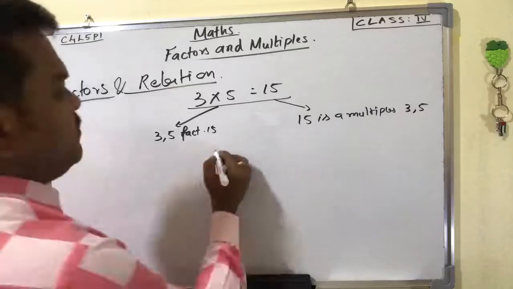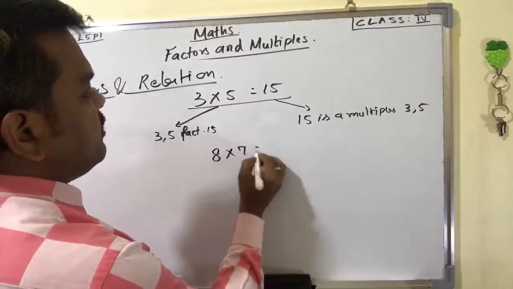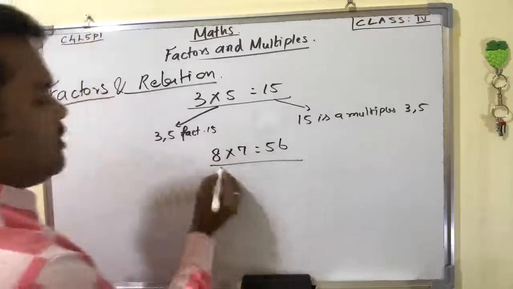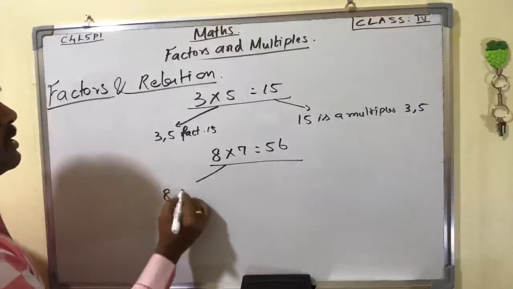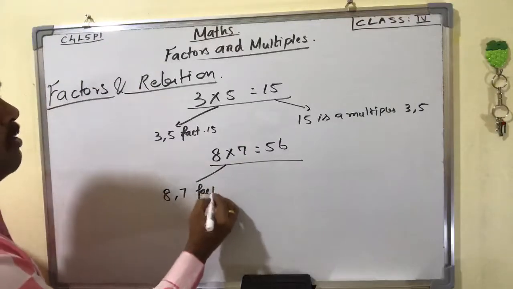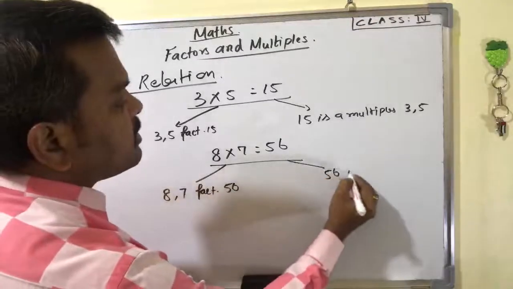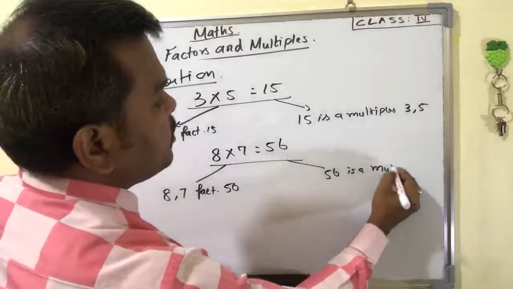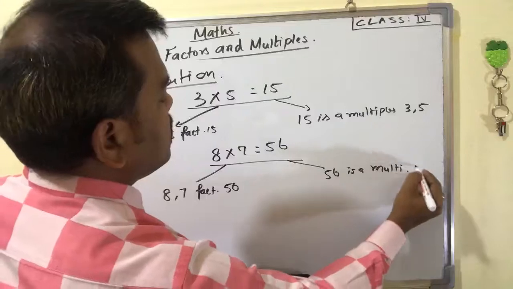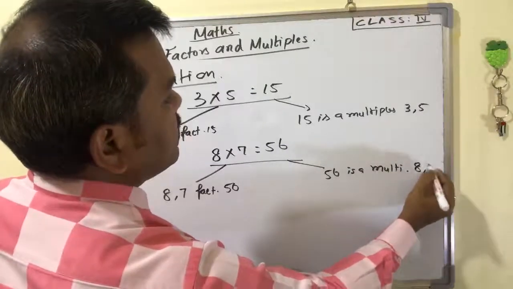And one more example. 8 7s are 56. Same. 8 and 7 are factors of 56. 56 is a multiple of 8 and 7.